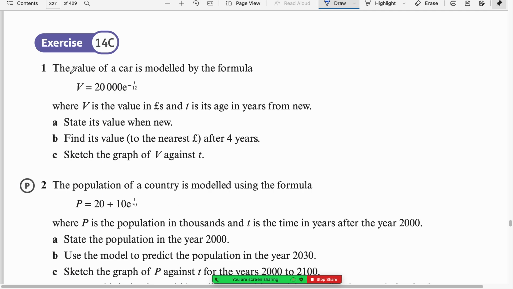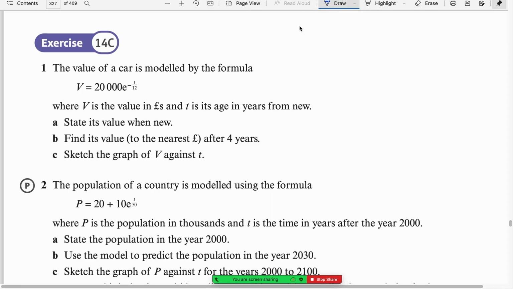Here comes the exercise. The value of the car is modeled by the given formula. Formula is right there, where V is the value in pounds, and T is the age in years from new. State its value when new.